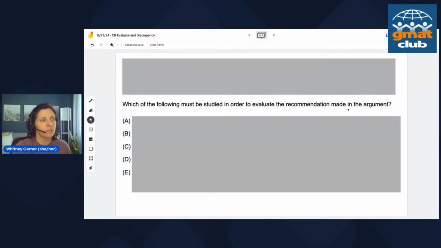But this is our question. Which of the following must be studied in order to evaluate? Language like in order to determine, in order to evaluate. These are going to be the traditional language of our evaluate questions. And I'd say 99% of them will in fact say evaluate somewhere in the question itself.